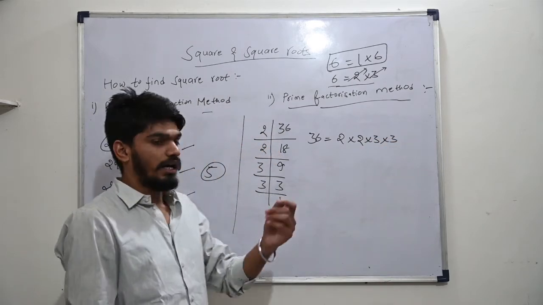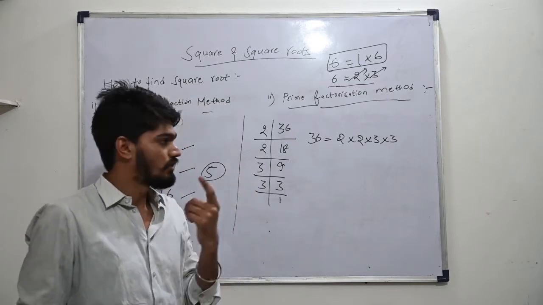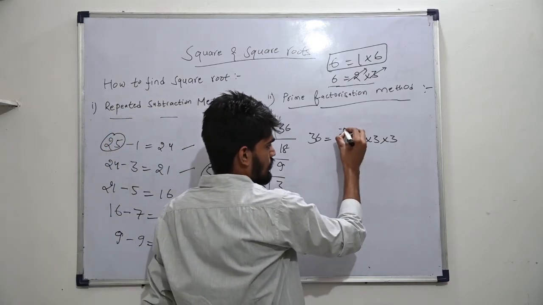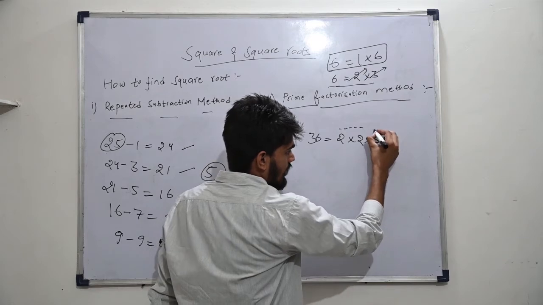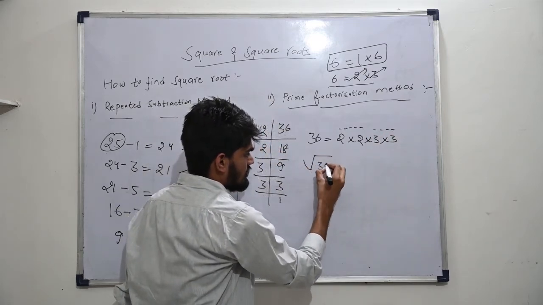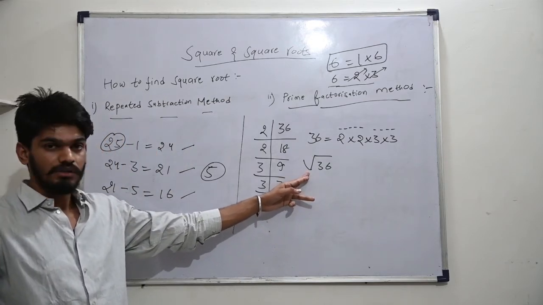Now I have to make groups of pairs here. Of the factors I am having, I have to make pairs of 2 factors. So 2 into 2 is one pair, 3 into 3 is the other pair. Now if I want to find the square root of 36, this is the radical sign I use to denote the square root.